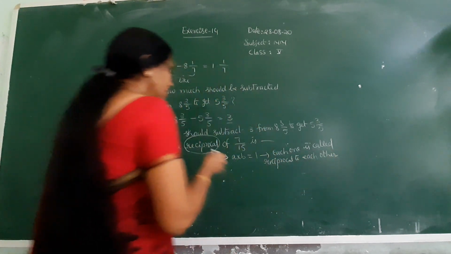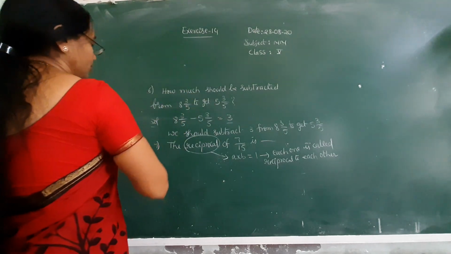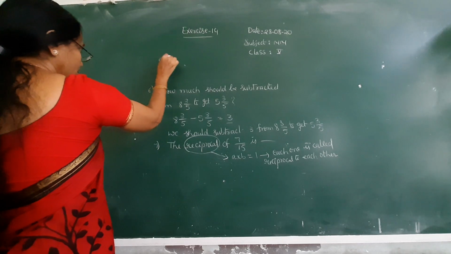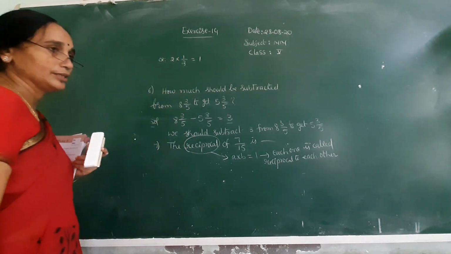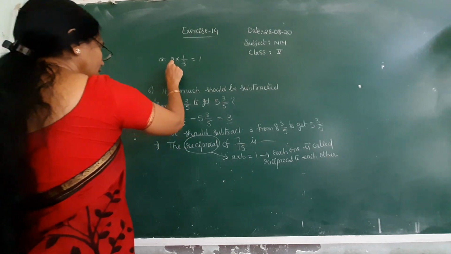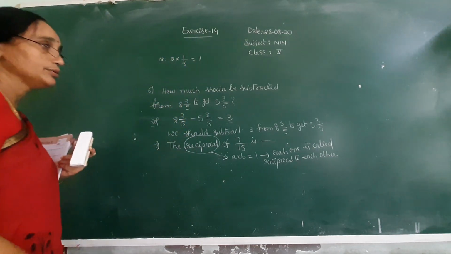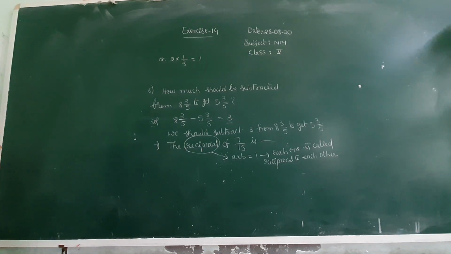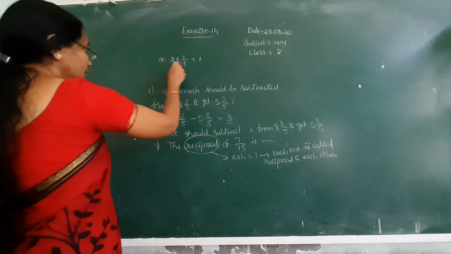Understood? For example, take 2 and 1 by 2. You have to multiply these to get product 1. So 2 is the reciprocal of 1 by 2, and 1 by 2 is the reciprocal of 2. When you multiply two numbers and the result is 1, then each one is called reciprocal to the other.